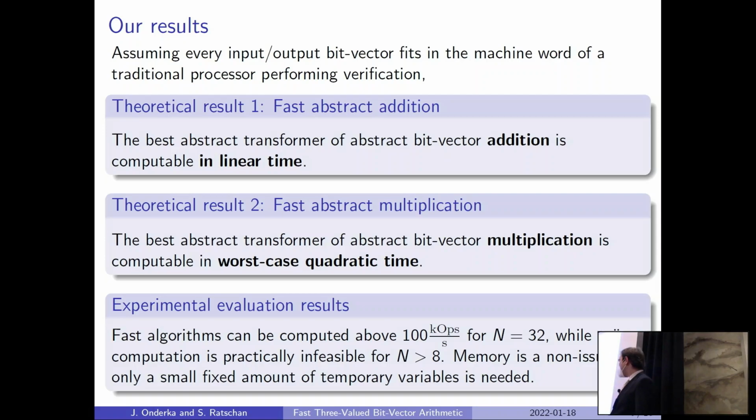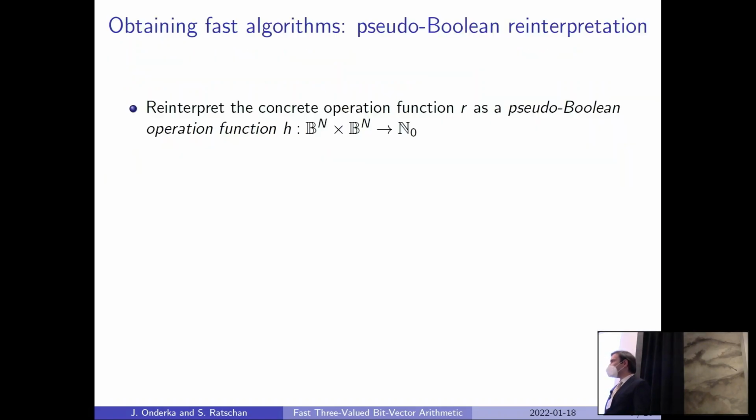I will talk about the results more at the end of the talk, but basically the fast algorithms are quite fast even for 32-bit inputs, and the naive computation is almost infeasible for 8-bit inputs and more. And the memory is a non-issue for all of the algorithms, as only a small fixed amount of temporary variables is needed.